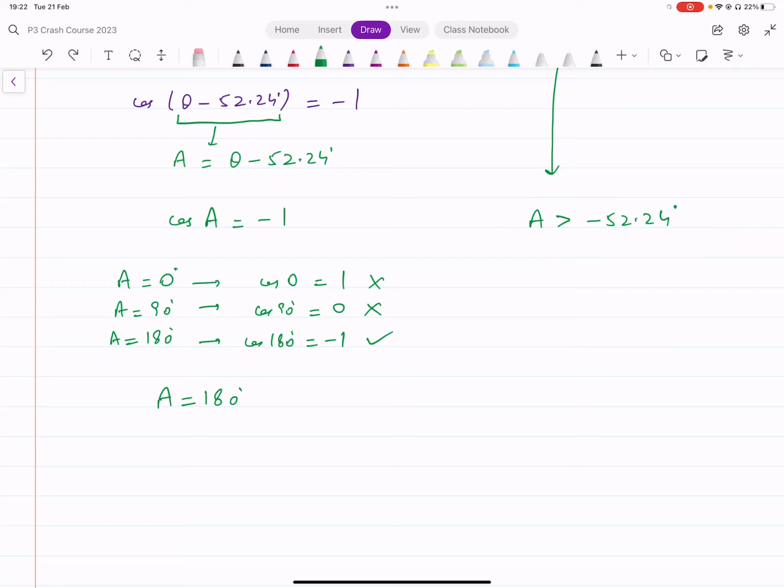Greater than minus 52.24, the first angle is 0. Does that satisfy the equation? It does not. Does 90? It does not. Does 180? Yes, cos of 180 gives us minus 1, so that satisfies the equation. So the value of A that we have here is 180. That's the only answer we're looking for.